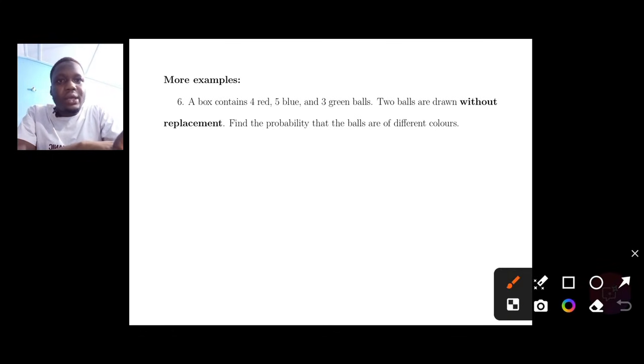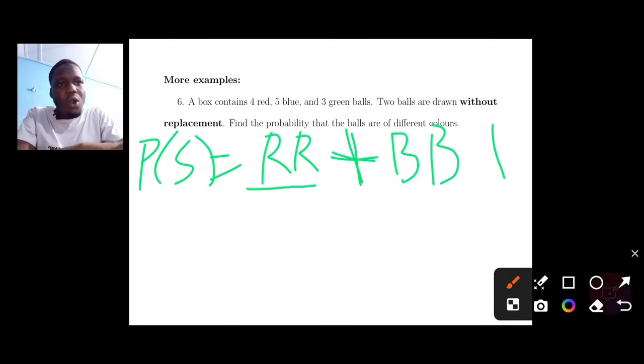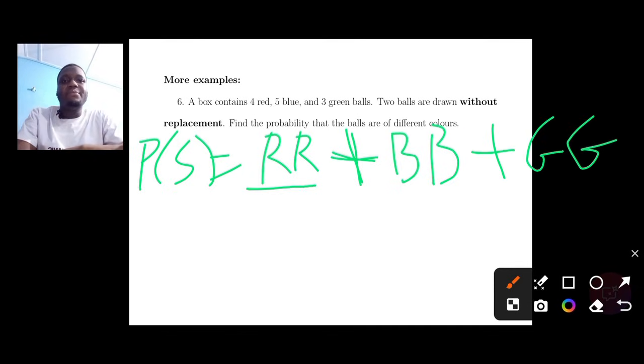The probability that they are of the same color means that we can have red, red: the first one is red, the second one is red. Or we can have first one is blue, second one is blue. Or you can have first one is green, second one is green.